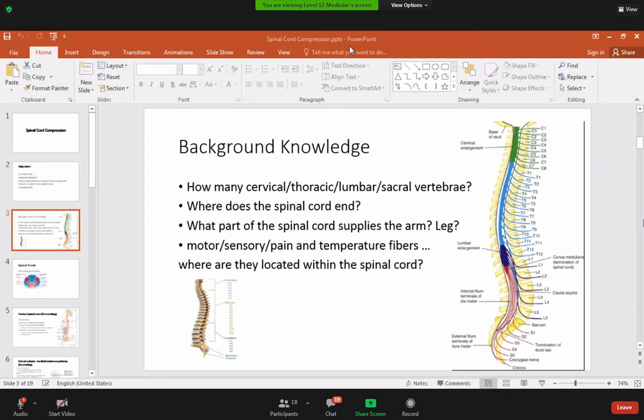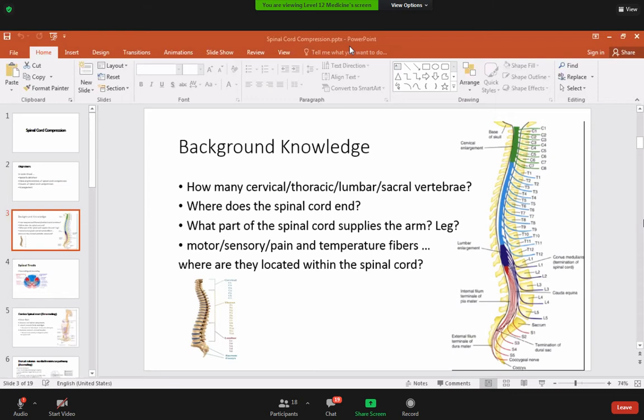Now, if we say that we have a problem at the level of T11, it doesn't mean that the nerve affected is the T11 nerve, because the spinal cord is shorter as compared to the length of the vertebral column.